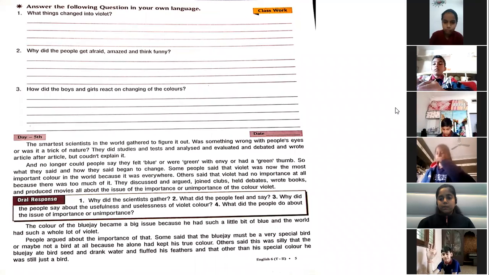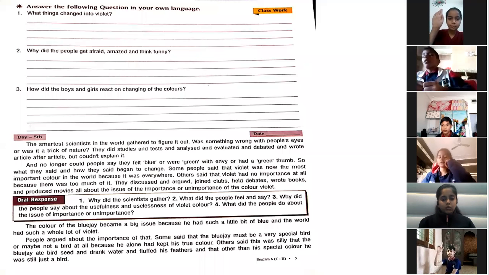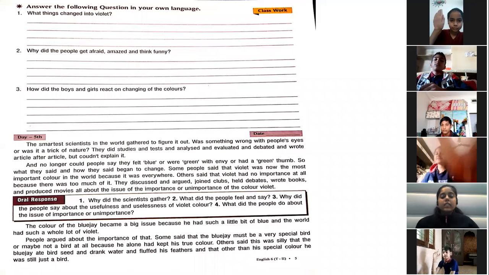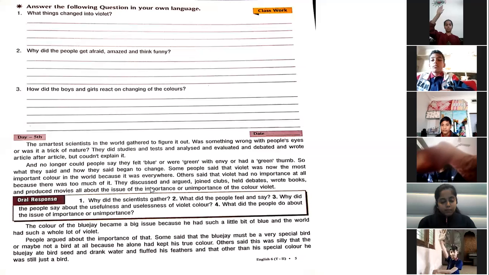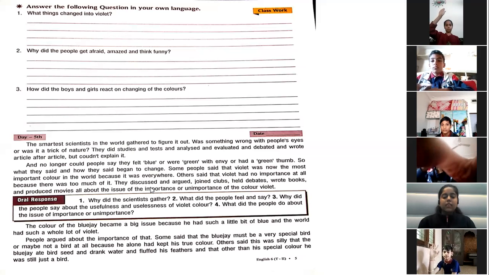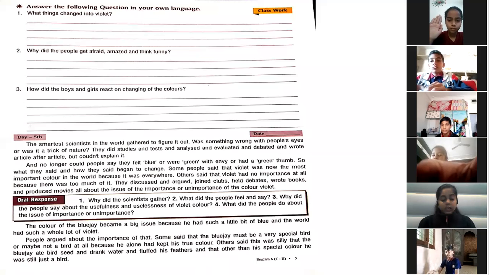I'll support. एकदम से वायलेट कलर की बात कहाँ से आने लगी? कि क्योंकि मैम पूरा वर्ल्ड वायलेट हो गया था. Yes, correct. So try answering in English now. It's an easy one. Because the whole world has turned violet color.